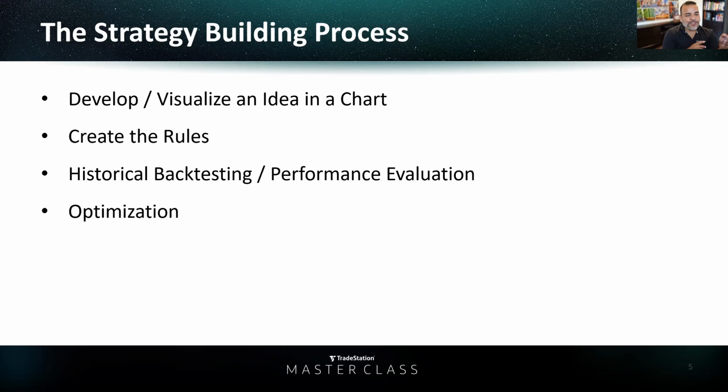Well, optimization is going to do that for you in a much faster way, where it's going to test variations of your parameters, the parameters that you have identified, so that it finds the ones that would have generated the best result historically.